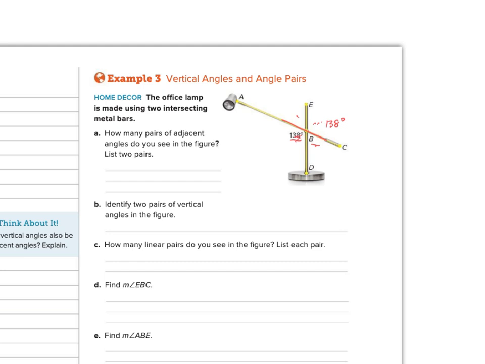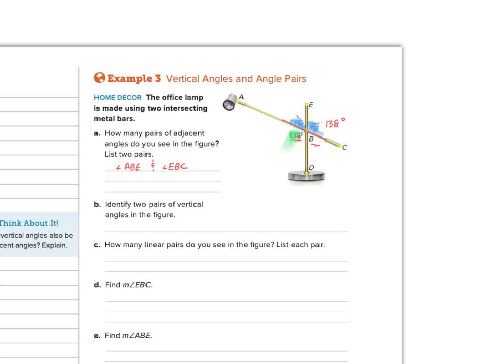There's several, but I'm just going to go with angle ABE and angle EBC. That's an easy linear pair, so there's one pair. And then I guess I'll just throw this out here that I said that this angle and this angle form the linear pair.